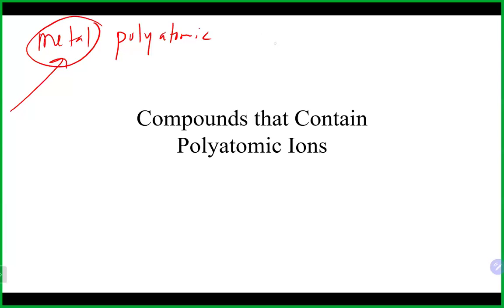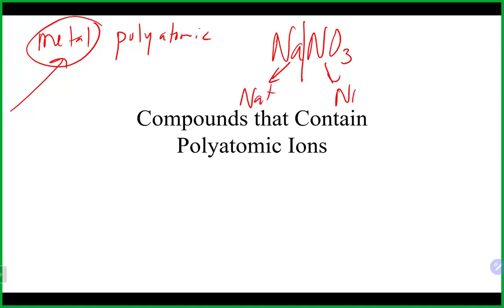So for example, if you have NaNO3, we break that guy up right about there. That is our sodium ion, and that is our nitrate ion. And in this case, it is the metal we want to look at, which is group number 1. It has a fixed positive charge, which makes it a type 1. And that means we would just call this sodium nitrate. Again, no need for a Roman numeral because the metal is a type 1 metal.